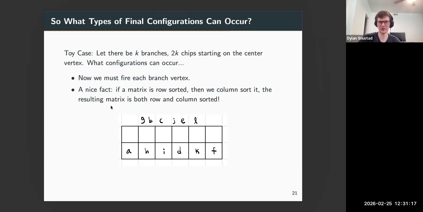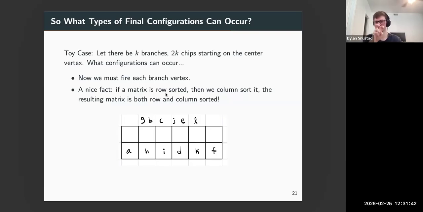So from this fact, I know that A is going to be less than H is less than I, less than D is less than K is less than F, no matter how I fired this. And then whatever gets back to the center, I push these back out because this is representing them back on the center vertex. When I fire this again, their order is not going to change at all because all I did was column sort.